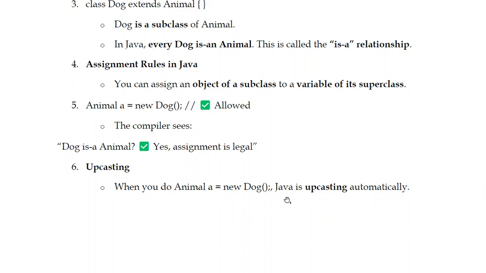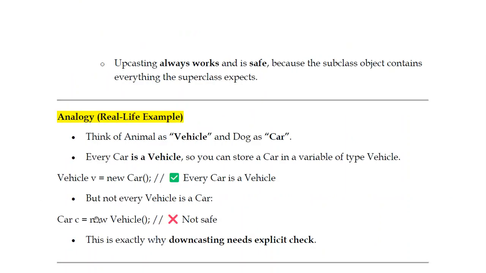So when you do Animal a = new Dog, Java is upcasting automatically. A parent class reference refers to a child class object. Upcasting always works and is safe because the subclass object contains everything the superclass expects.